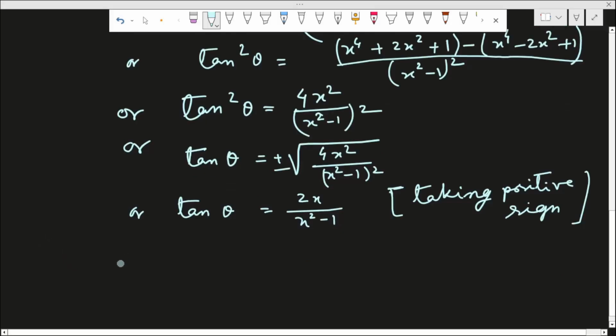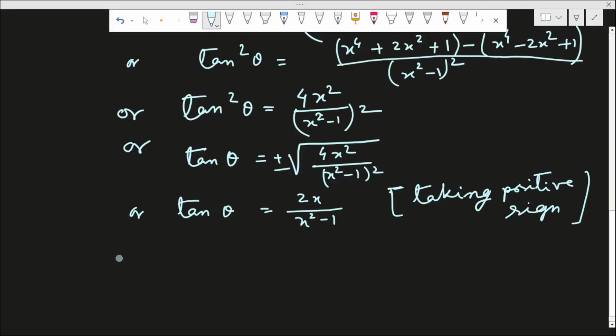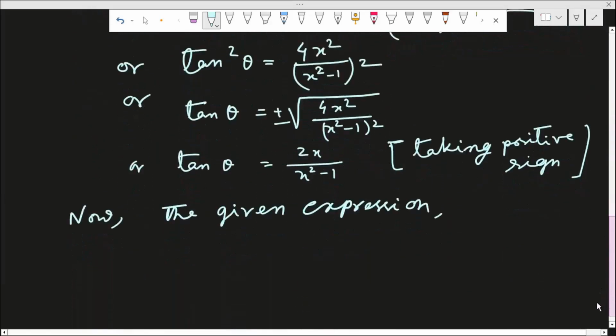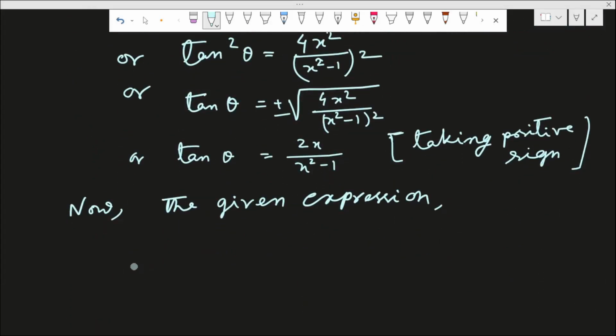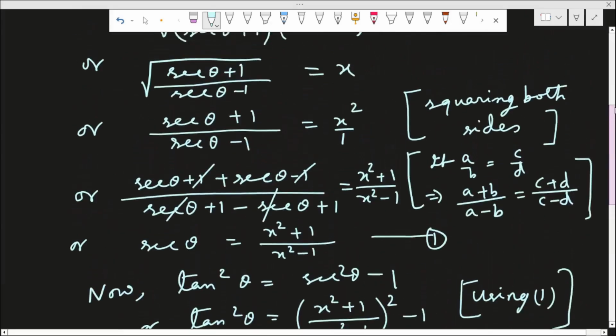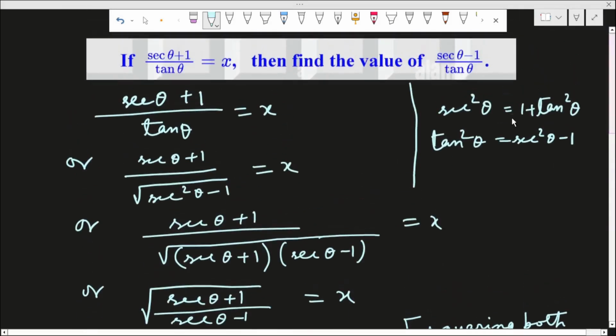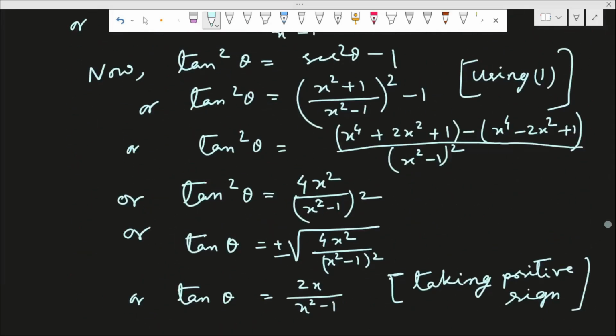Now, writing the given expression, what is to be found out? The given expression is sec theta minus 1 by tan theta.